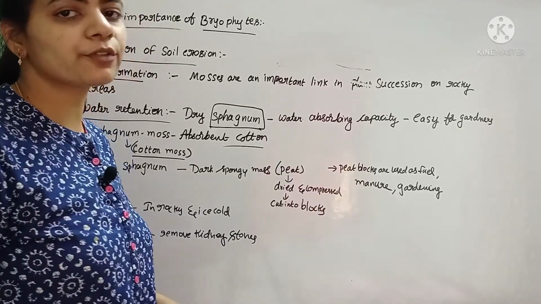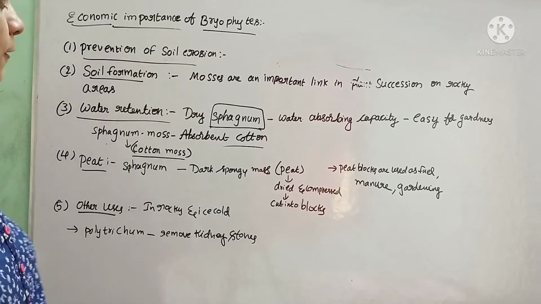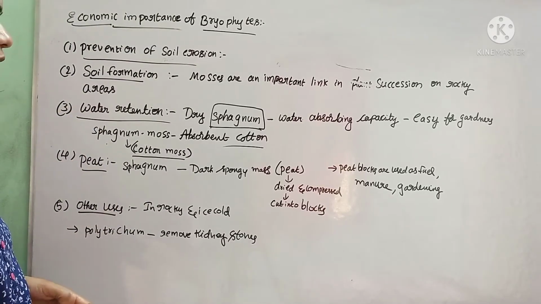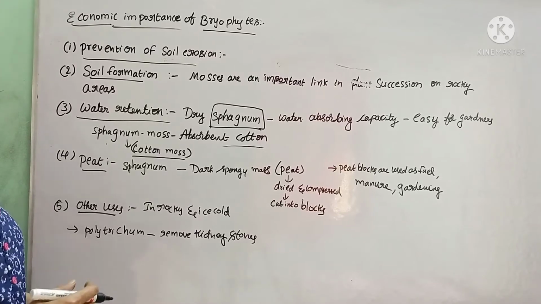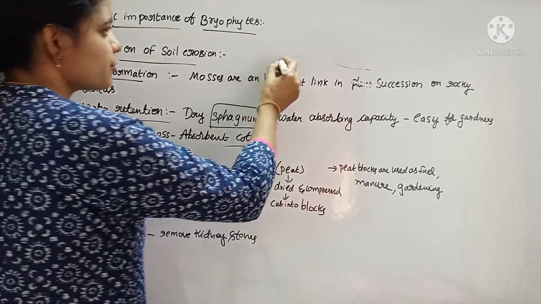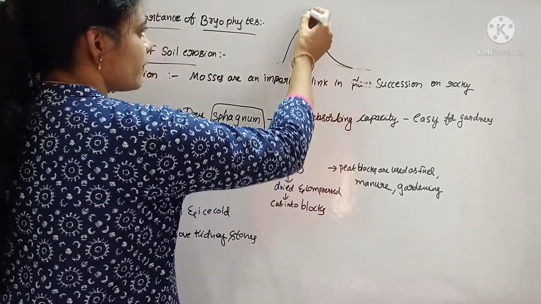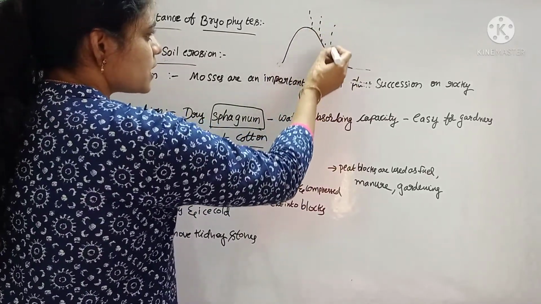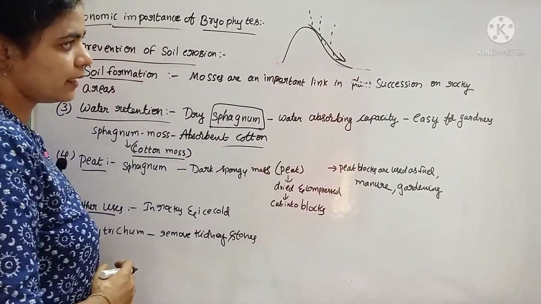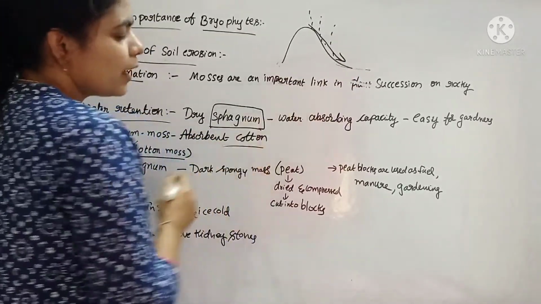In this video we are going to study the economic importance of bryophytes. The first importance is the prevention of soil erosion. These bryophytes are used in preventing soil erosion. We see in hilly areas during the rainy season, excess water will wash off the soil present on the upper part, and because of that soil erosion occurs.